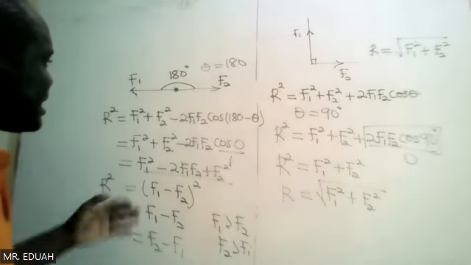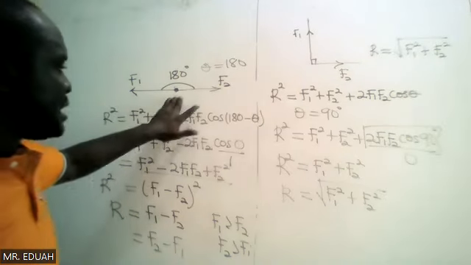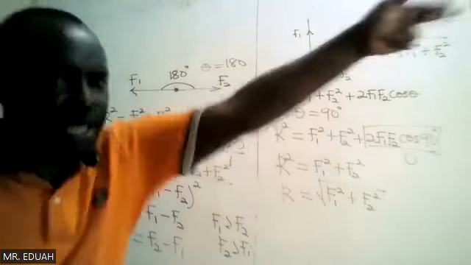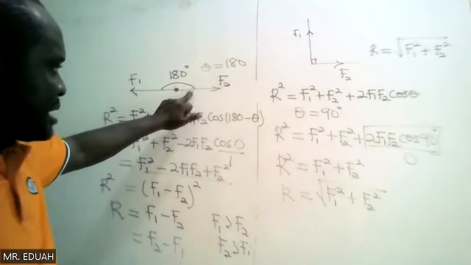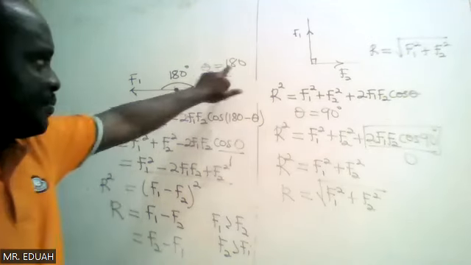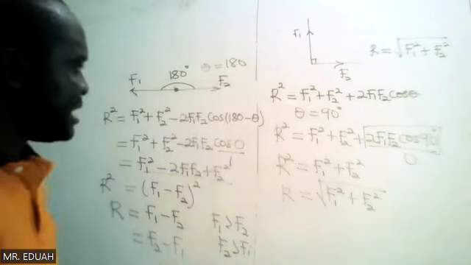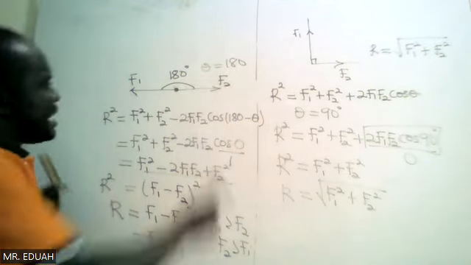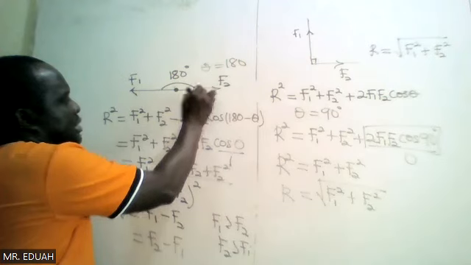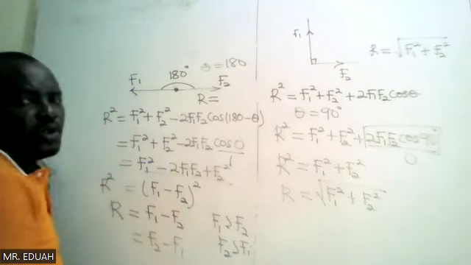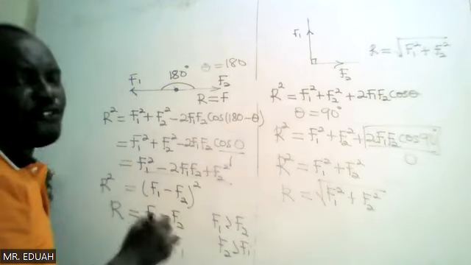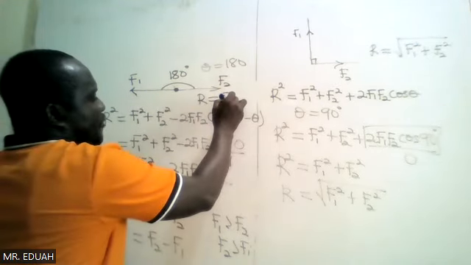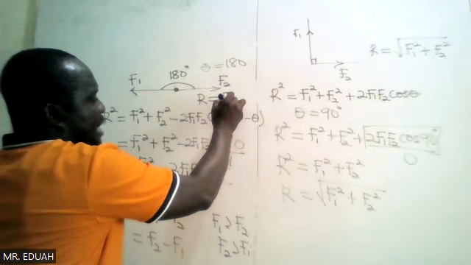So we are testing it. When they are moving oppositely to one another, this is going in this direction, this is going in the opposite direction, it implies that the angle between the forces is 180. Yesterday we understood that the resultant would always be equal to subtracting the smaller force or vector from the bigger one.